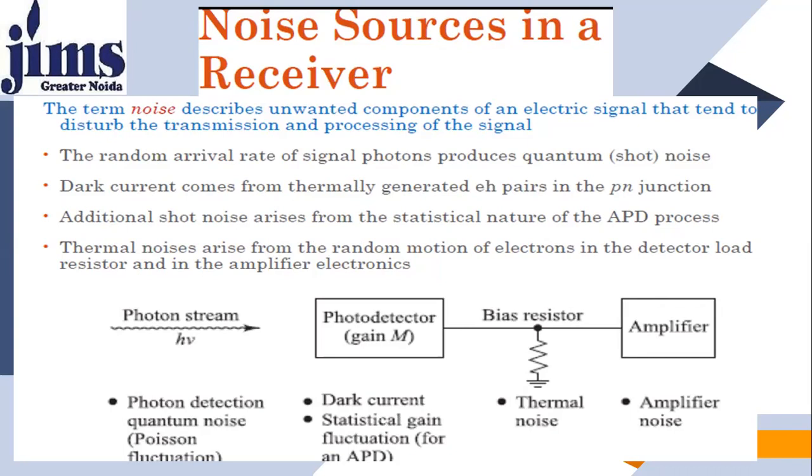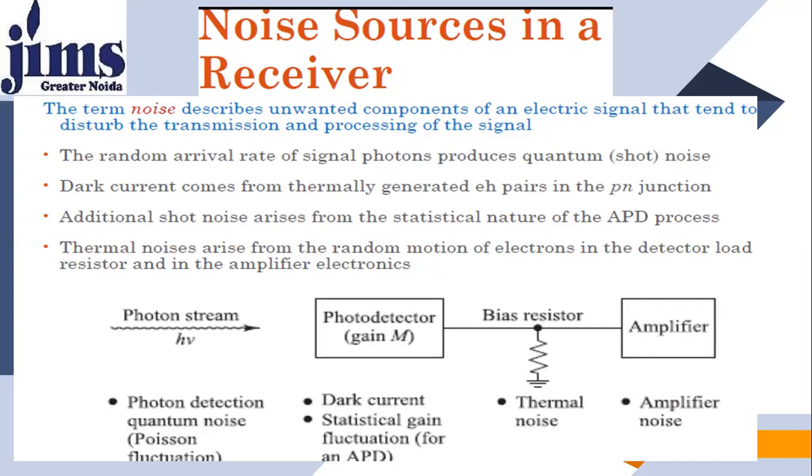So the term noise describes unwanted components of an electrical signal that tend to disturb the transmission and processing of the signal. If that noise comes, it disturbs the transmission as well as the processing of the signal and makes the receiver take an incorrect decision, right?